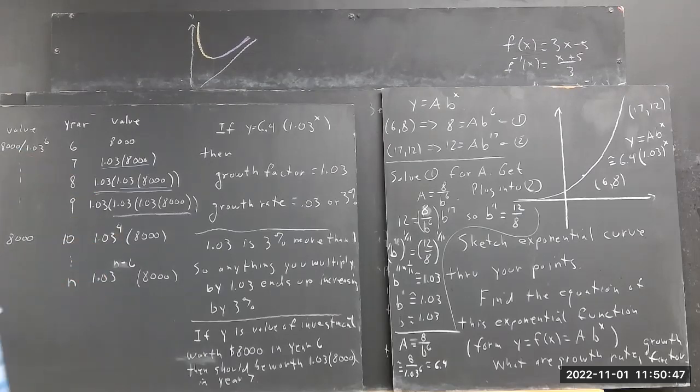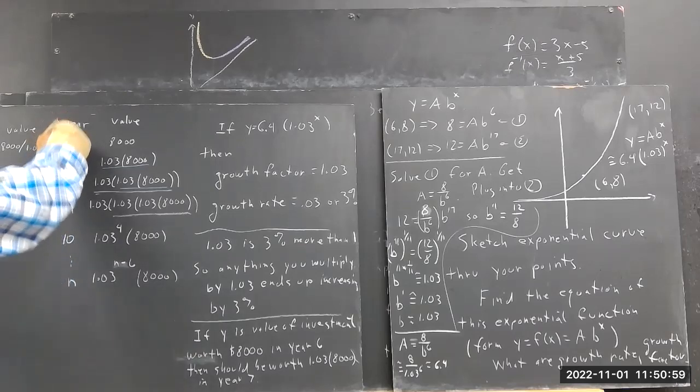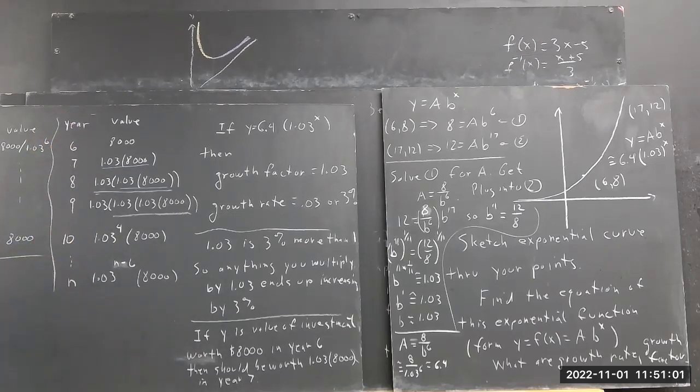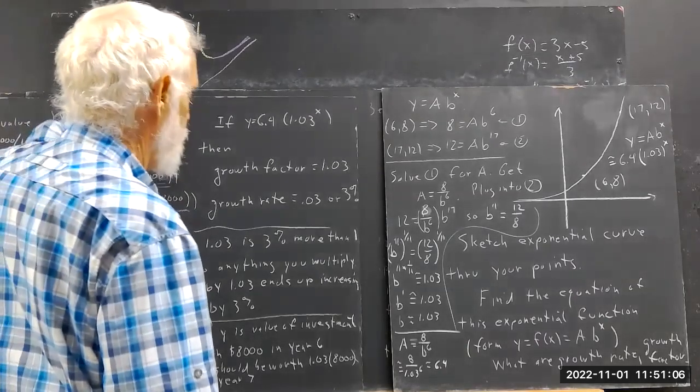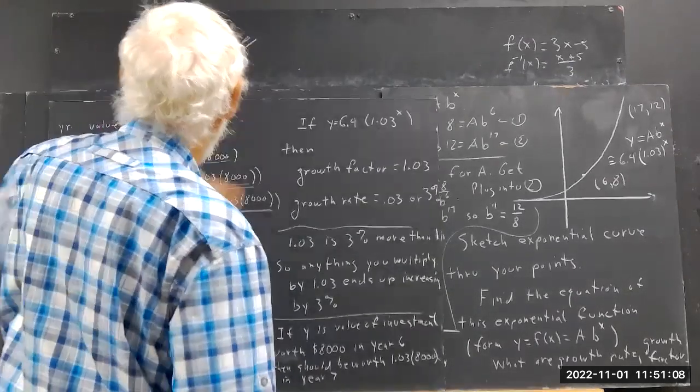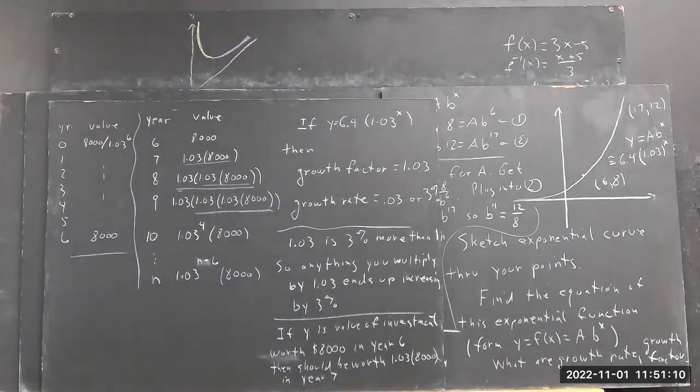You've got your calculator. You get about 6,400, right?